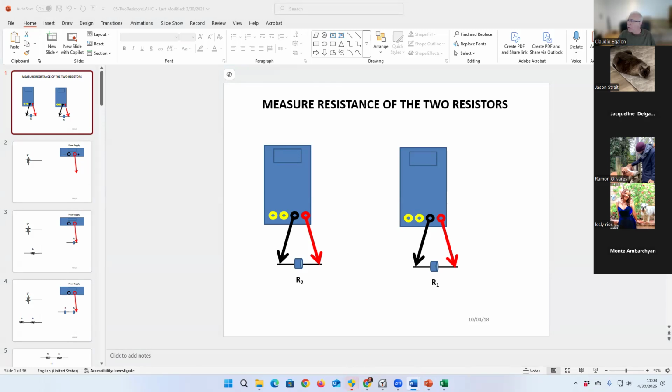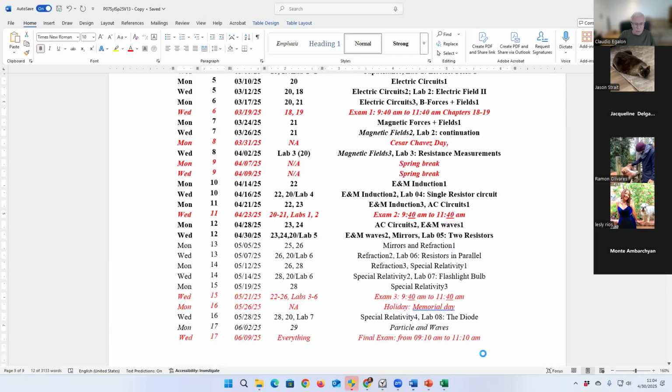Benjamin is trying to get in, right? Let's go back to our syllabus here. Yeah, it's lab number 5, 2 resistors in a single circuit.